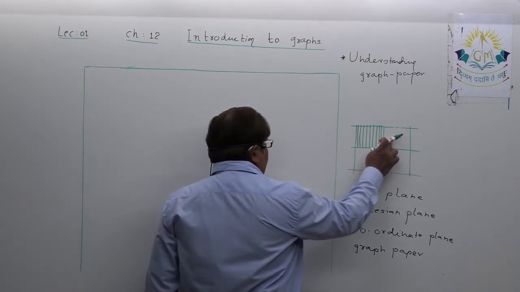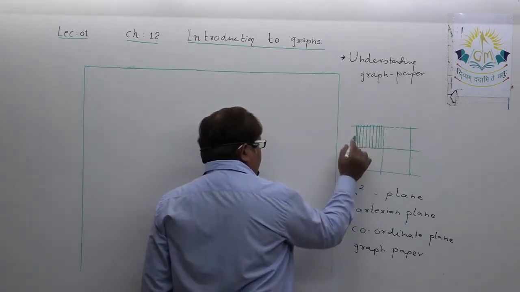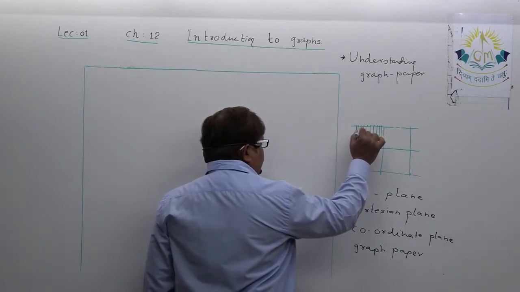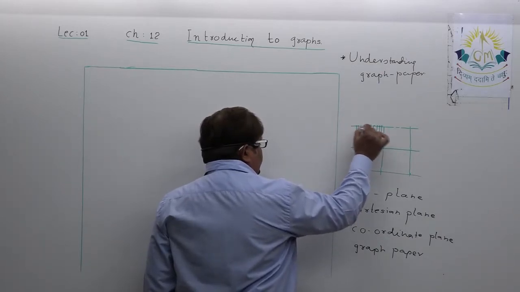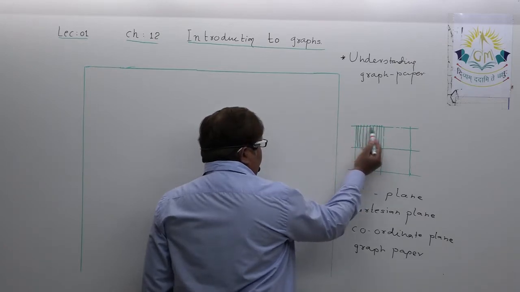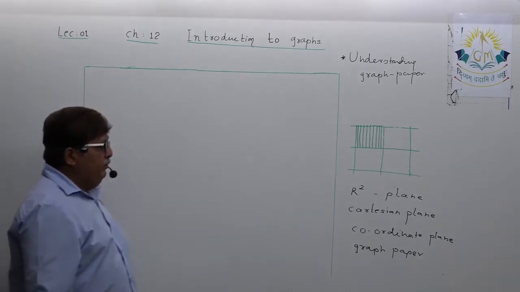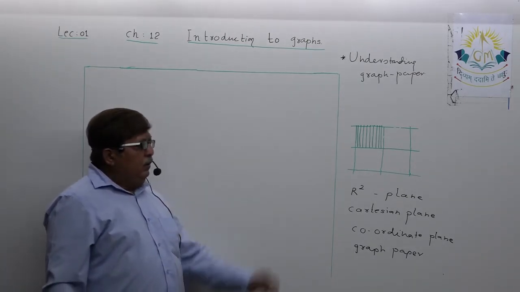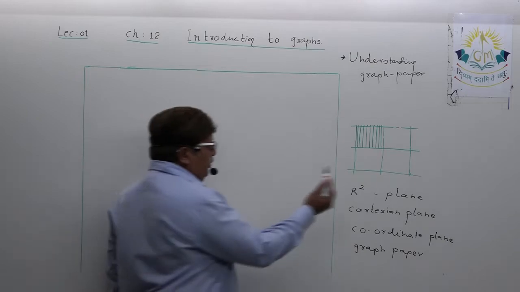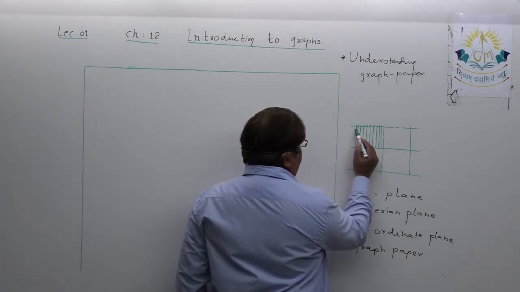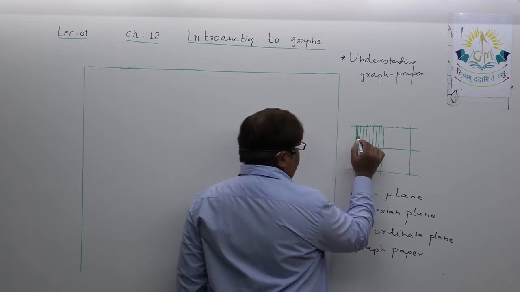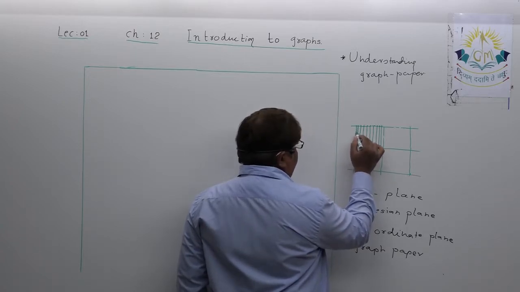I'm not showing in all boxes, but in every box there are such slim lines which divide the region of the box into 10 parts. Just look at that. Understand? Equally, there are horizontal lines also. Understand, in the same way, dear student. But actually, it is dividing into 10 parts. That's clear.